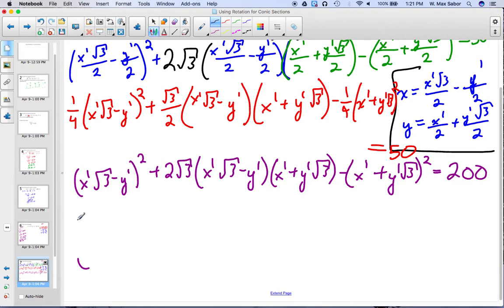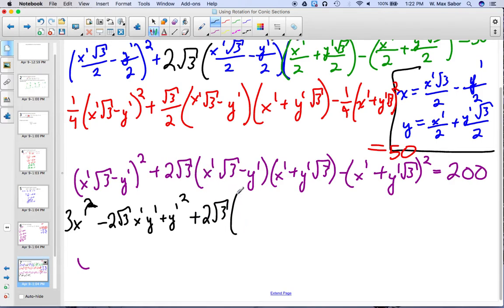X prime squared is x prime squared times the square root of 3 squared, which is 3. Now we're going to do negative 2 square root of 3 times x prime y prime. And then we do y prime squared. Then 2 square root of 3 times, well, this is x prime squared times square root of 3.